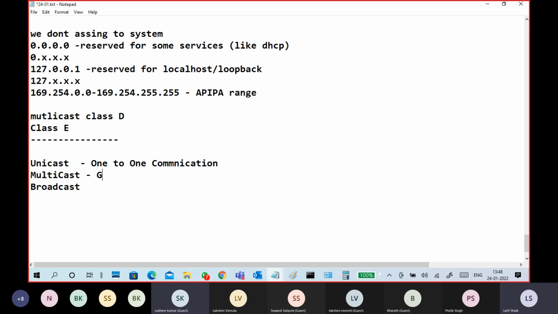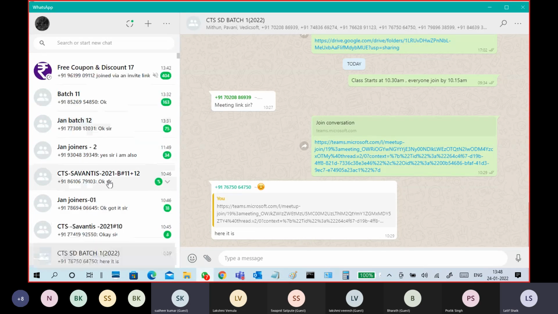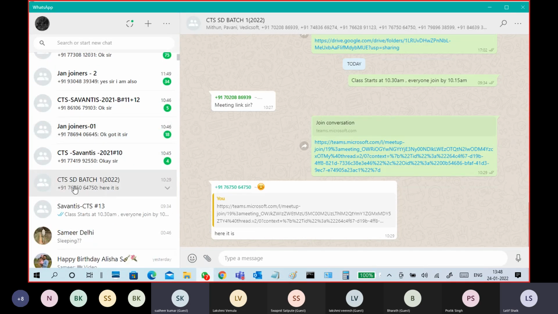Multicast is like group chatting, a group communication type. Meaning we are all one group, like now we are all in the same classroom. It's like a simple WhatsApp message group. Here is a batch with a service desk. When I put a message, only the people of this group can get it.